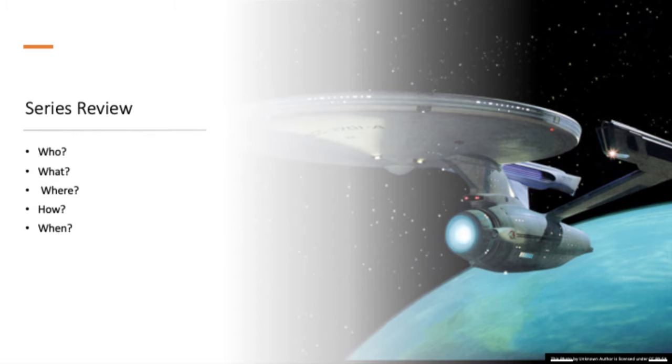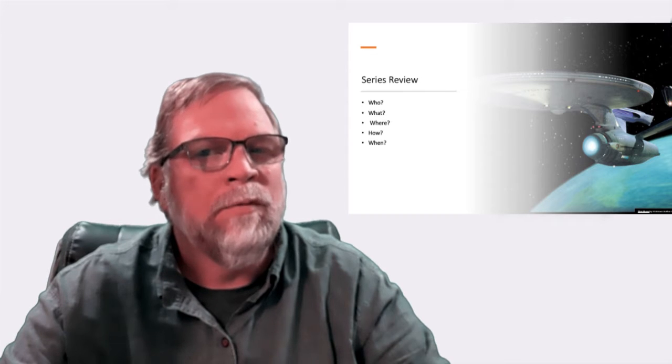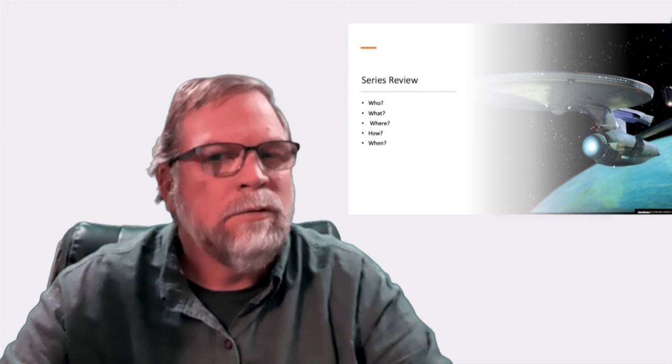So to review, when we talked about a series, we talked about who, what characters do you have in your series? What is the series about? Your setting, where does the series take place? How does everything work together? Those types of things. When does the series happen?